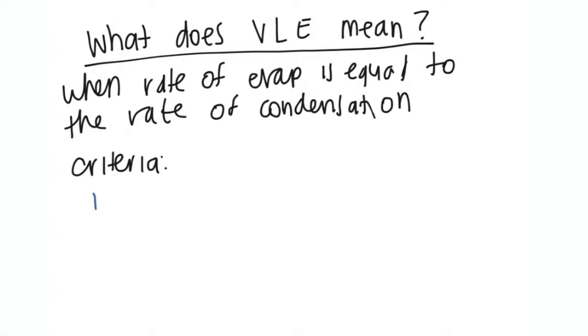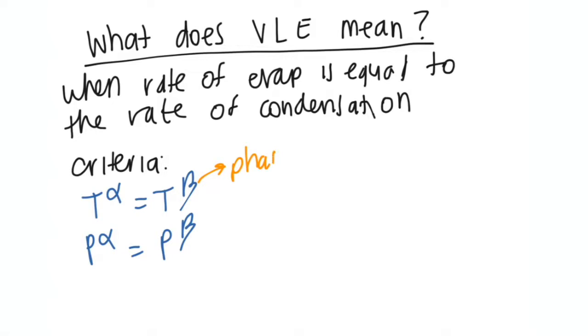T alpha equals T beta, P alpha equals P beta, where alpha and beta are phases. So the temperature of the liquid phase is equal to the temperature of the vapor phase. Alpha is a phase, just some general symbol that I'm using.